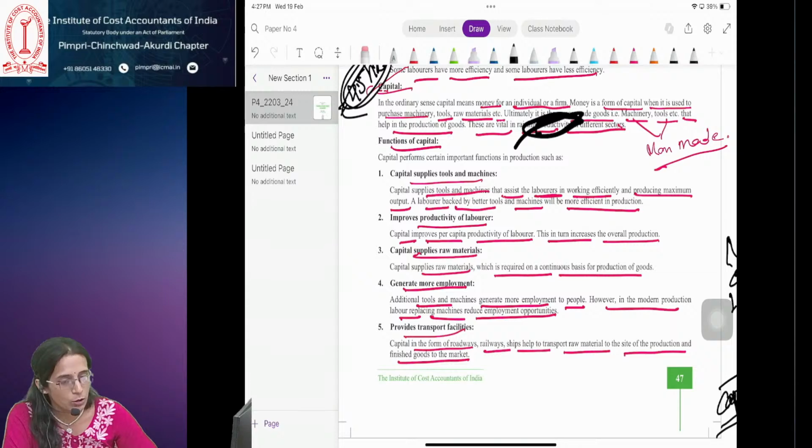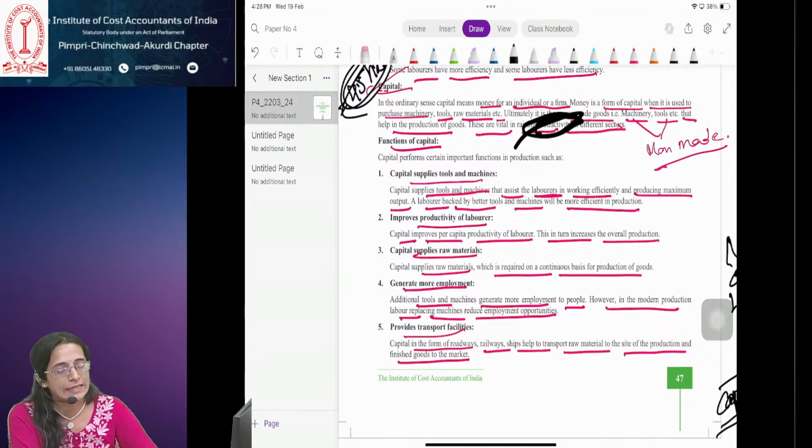The employment opportunities are getting reduced. So what type of skills should we develop so that this does not happen to us? Niche or expertise skills. Those skills which cannot be replaced by robots, by machines. Right? It is not related, but I am just discussing in general with you.